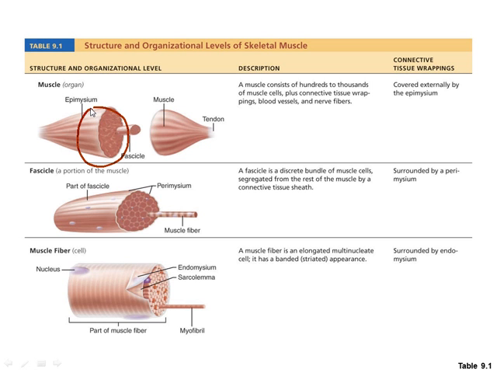Epimysium around the muscle. We're going to pull out a fascicle. So here's the fascicle blown up, wrapped in a perimysium. Here's the muscle fiber. We're going to blow up the muscle fiber, or you can call it a muscle cell. And inside each muscle cell, you have myofibrils, or little muscle fibers.